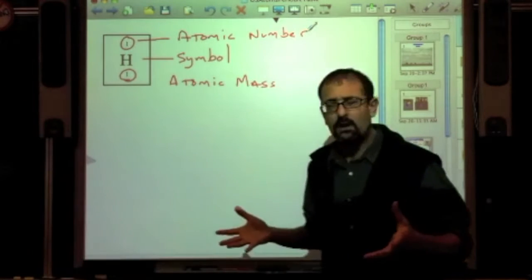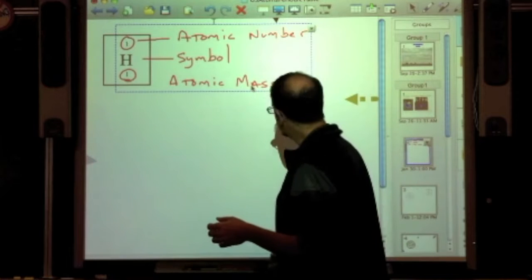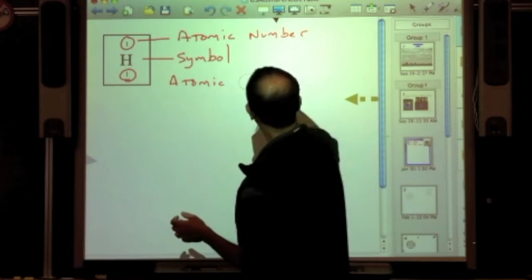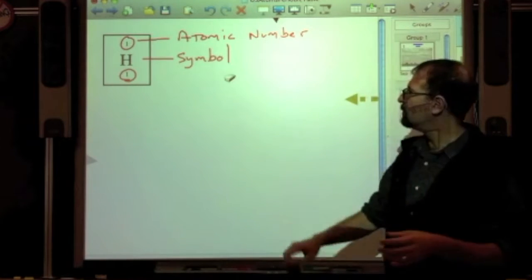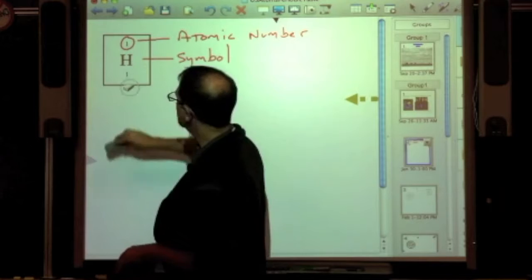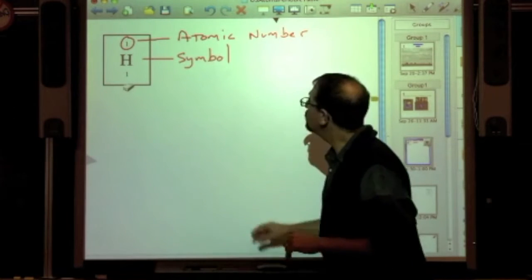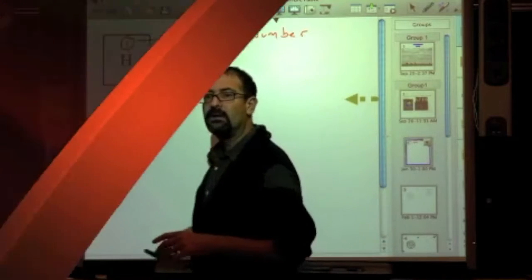Okay, so we don't care about the atomic mass, so I'm just going to eliminate it. If you take AP Chemistry, then great, you can do whatever you want with the atomic mass, but for our purposes, we're just going to ignore that. And what we're going to do is focus on the atomic number, and if you're hydrogen, your atomic number is 1.